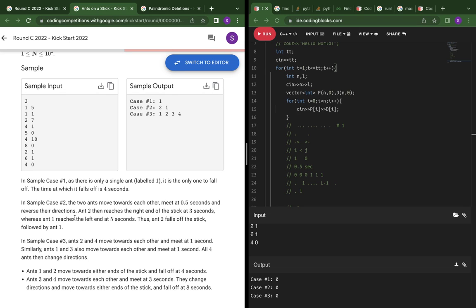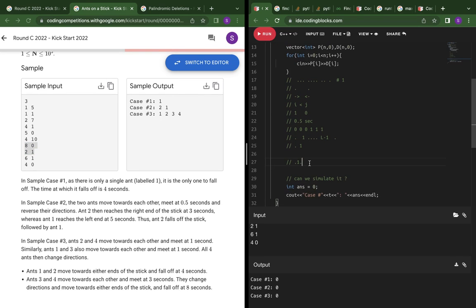Let's look at sample case 3. As 2 and 4 move towards each other. Wait. 5 and length is 0. Oh no. So 4 and length is 10. So 1 is at 8 and 0, so moving towards left.